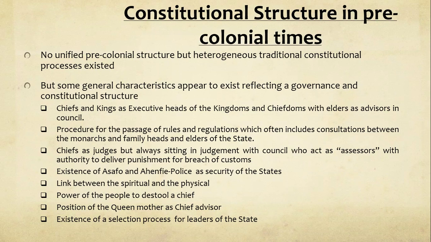Now, the chiefs, in serving as judges, always sat in judgment with counsel. So the chief had councillors, elders, who acted as assessors with authority to deliver punishment for breach of customs.